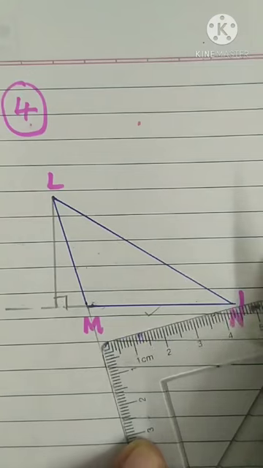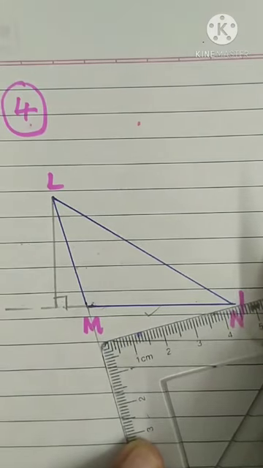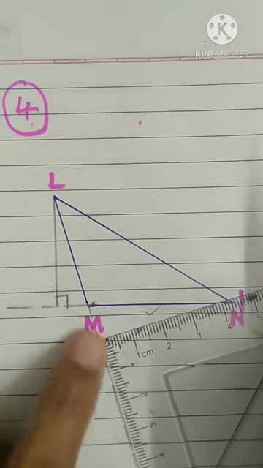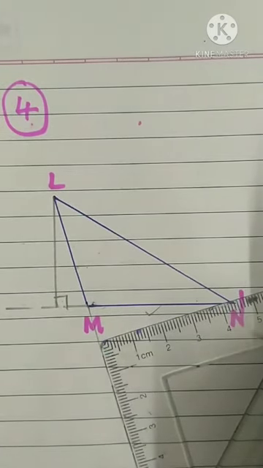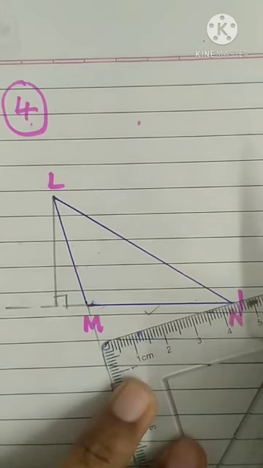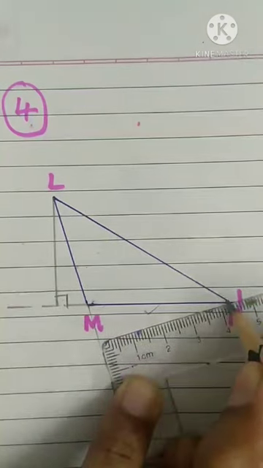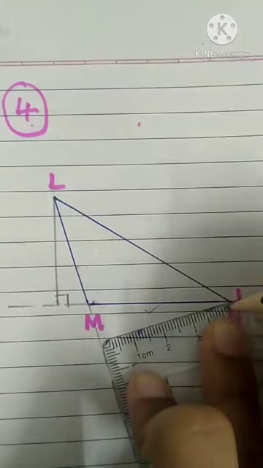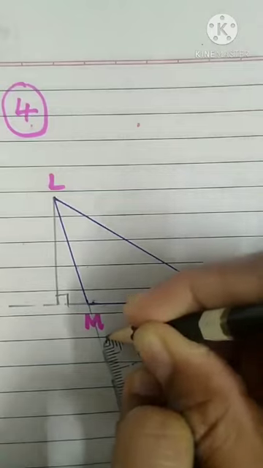That's why we extended. Don't panic. Come back. See whether the base is on this extended part. Yes, coinciding. See whether it is just touching N. All perfect. Keep it firmly and draw the altitude.